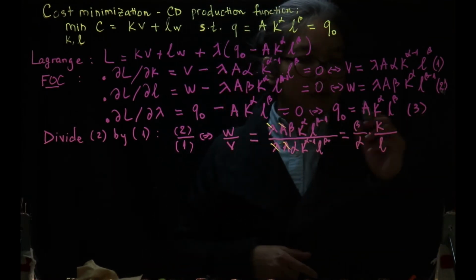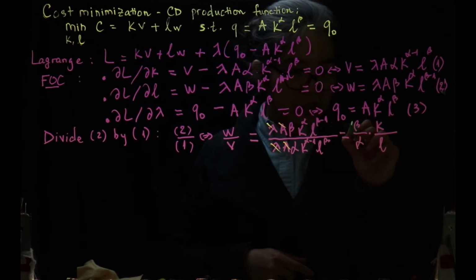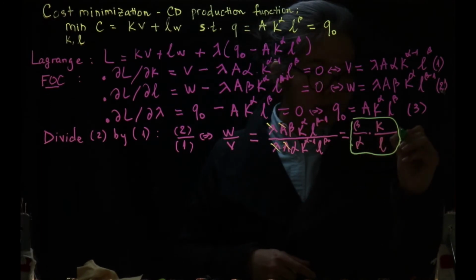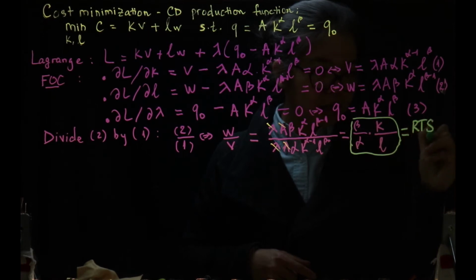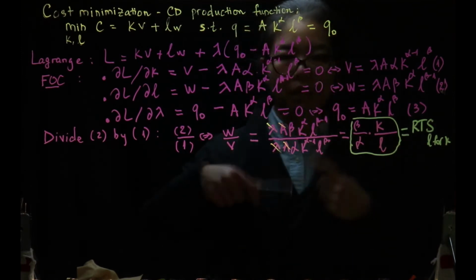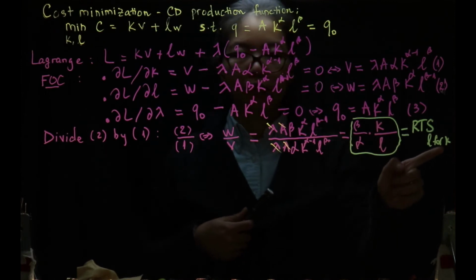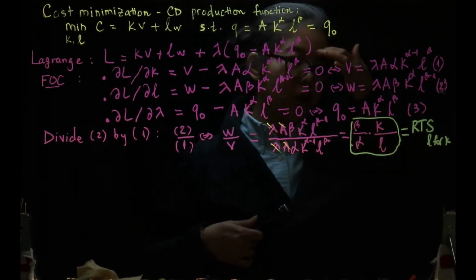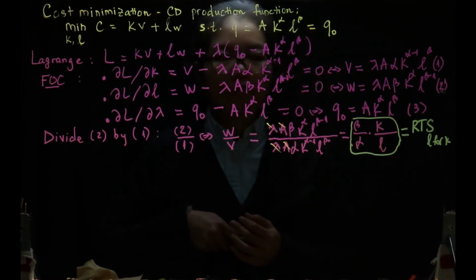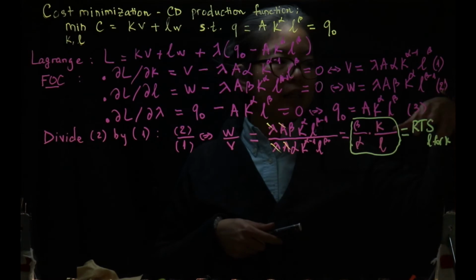And what is that? Isn't it familiar to you? We just did that in the previous part. So this is the RTS of L for K. And that is why I wanted to divide 2 by 1, not the other way around, because I want it to be easier for you to keep track, still having the RTS of L for K. However, it's still valid if you divide 1 by 2.